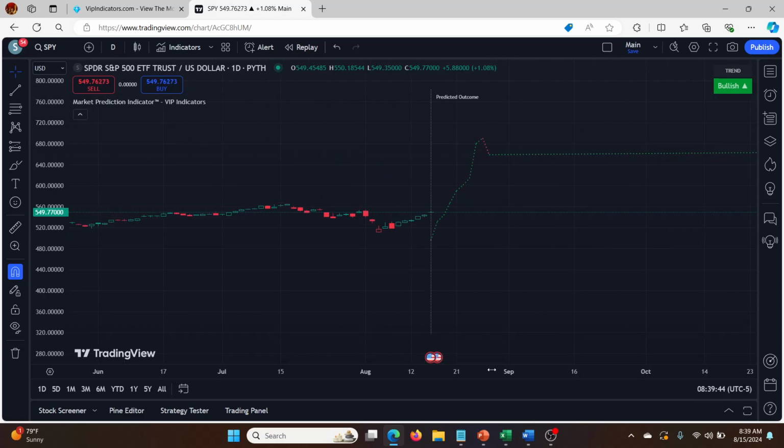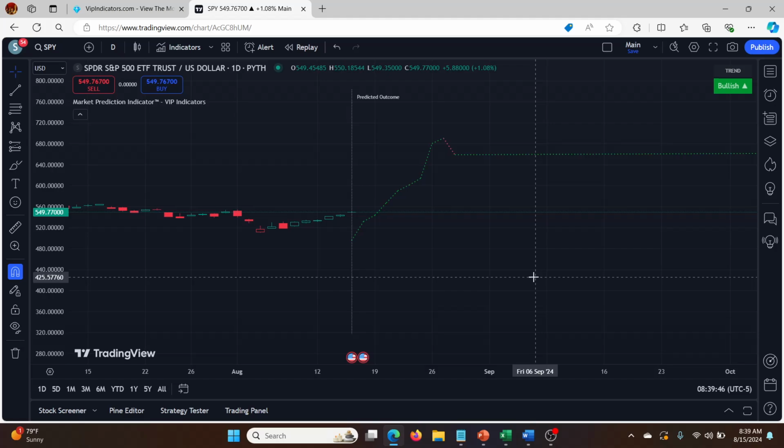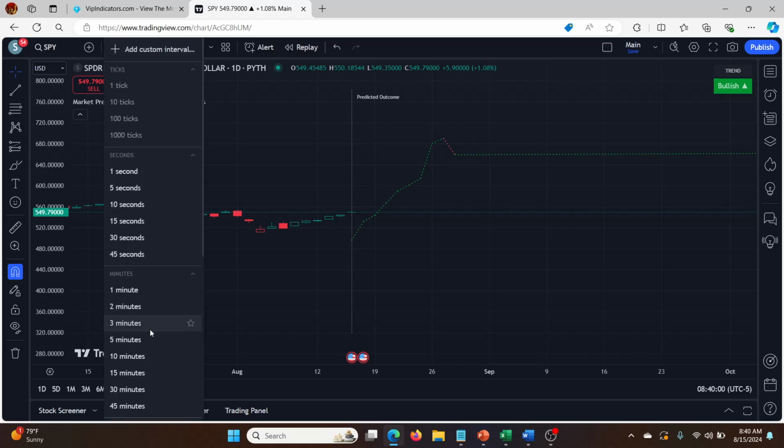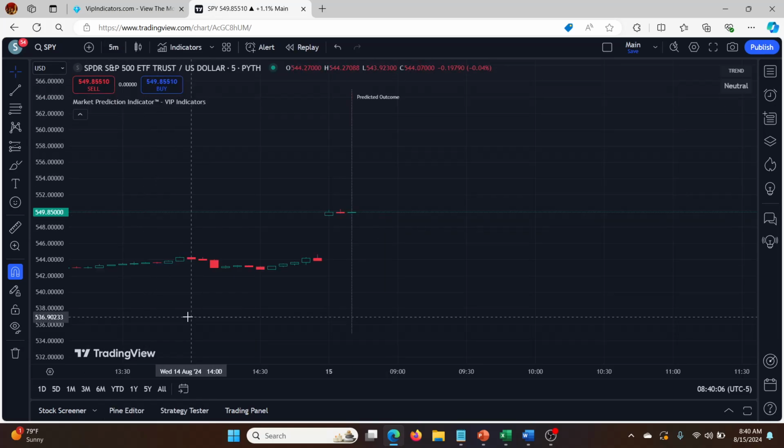I've never seen anything like this before, but this is on the daily chart in SPY. This is a long time frame, but what they're predicting is a bit of a move down and then a slow grind up on the market all the way up to here. That's pretty interesting. Let's see if it gives it on shorter time frames. It's got my attention a little bit. Apparently that works really well, but obviously we'll have to wait a while to see if that works out.